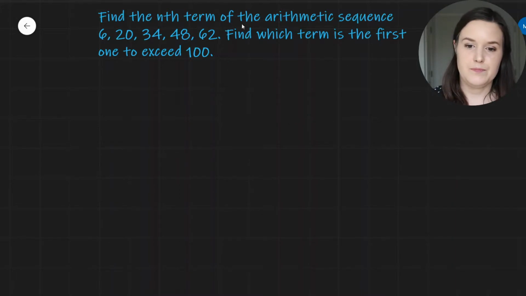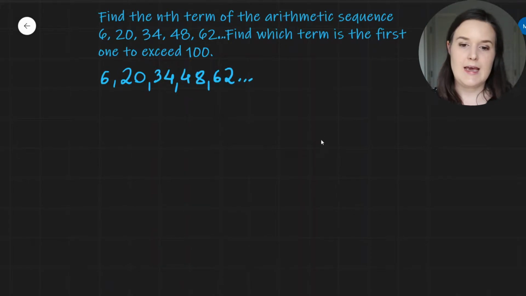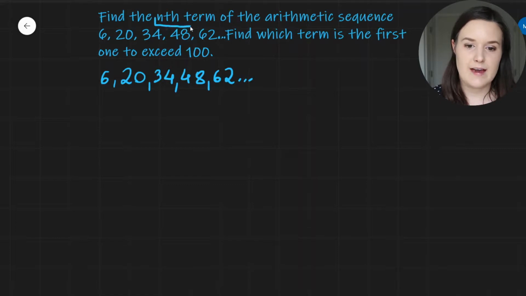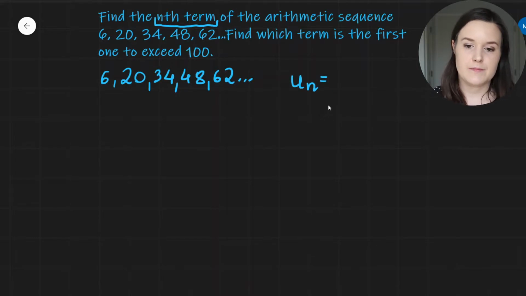Okay, so in here I will copy this sequence. It's 6, 20, 34, 48, 62, and so on. And I would like to find the nth term, so just a formula. So un is what?